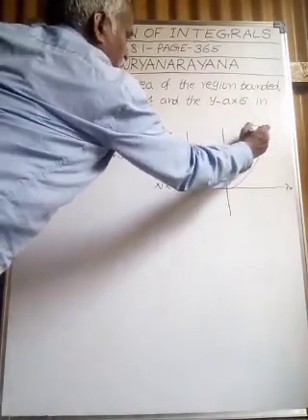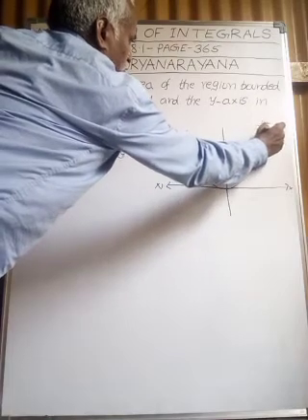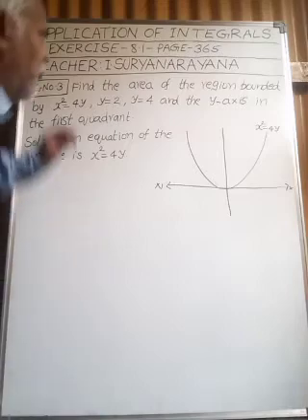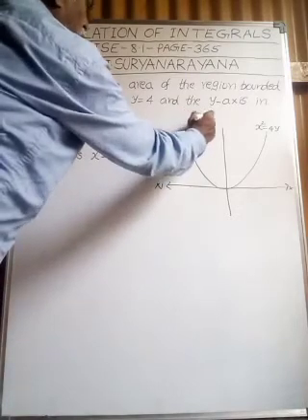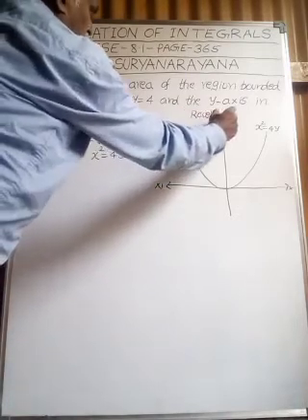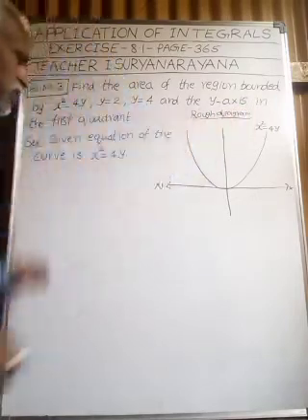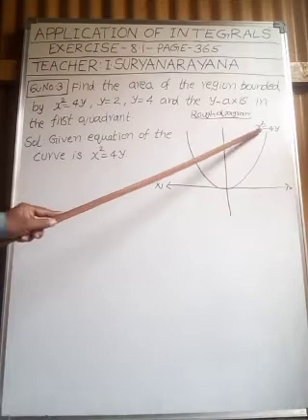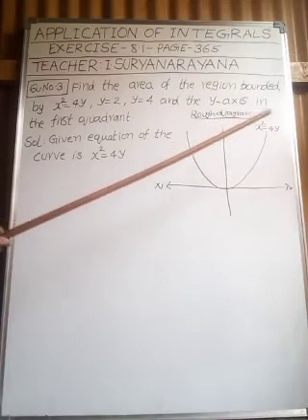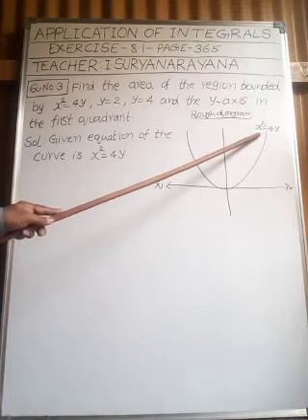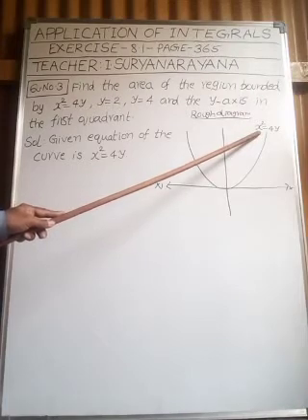This is a rough diagram, the graph of this equation x square is equal to 4y. You should have some idea about the graph of the given equation of the curve.